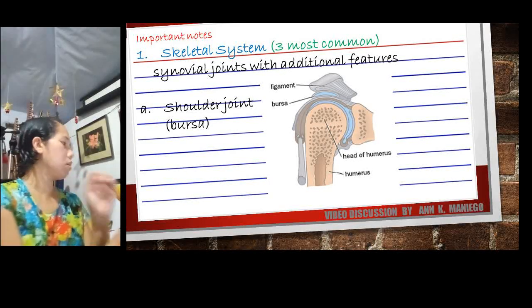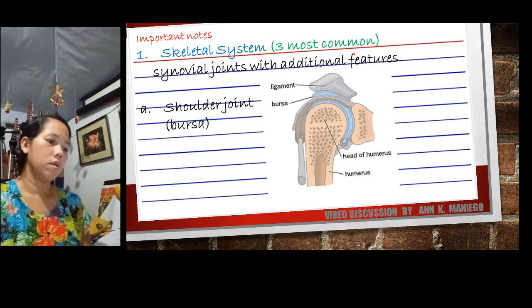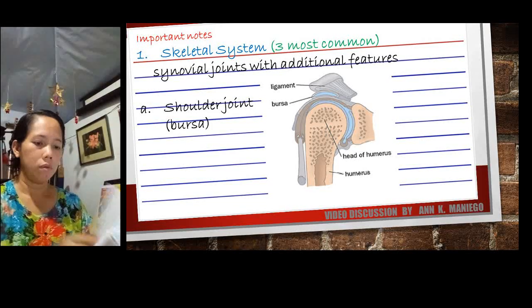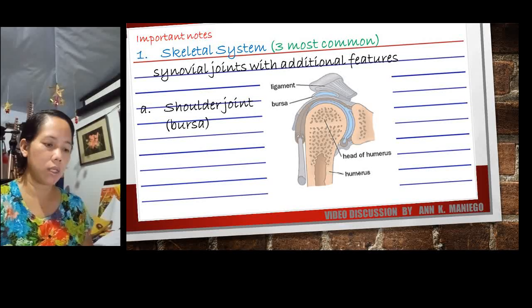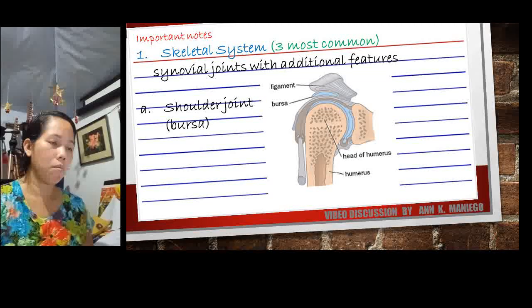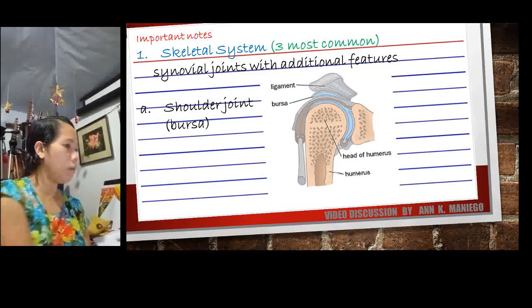So what is borsa? No? So borsa is a flattened fibrous sac lined with synovial fluid that contains a thin film of synovial fluid. Its function is to prevent friction at sites in the body where ligaments, muscles, tendons, or bones might rub together. Now, prone man gud siya.